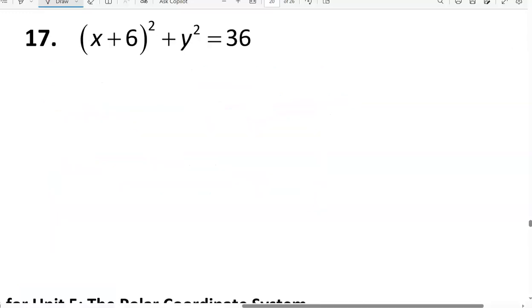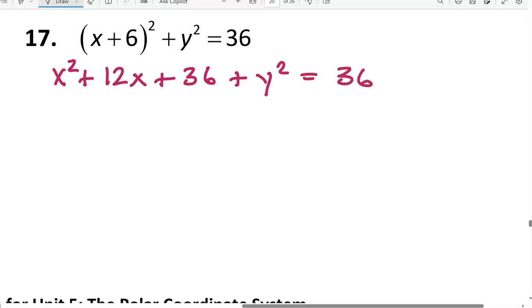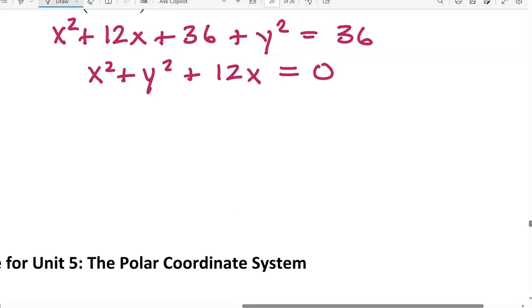In number 17, this is the equation of a circle not centered at the origin. It's easiest to convert if you expand x plus 6 squared, or multiply it. That gives us x squared plus 12x plus 36 plus y squared is equal to 36. If we move our terms around a little bit, we have x squared plus y squared plus 12x is equal to 0 because we subtract 36 from both sides.